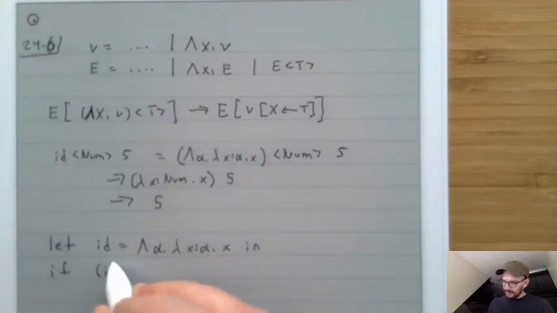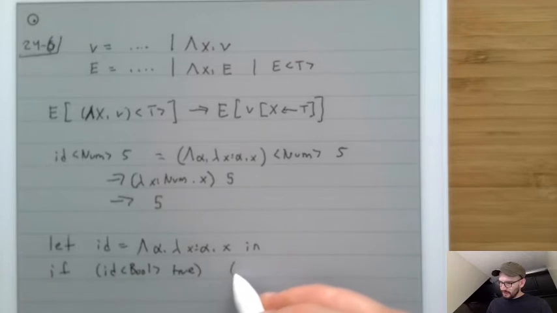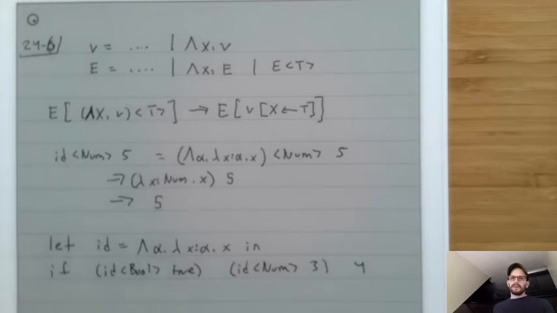So it's going to be applied to ID bool true, and it's also going to be applied to ID number 3, and let's just leave this 4. So if we go through and erase these, so we erase that big lambda and we erase these type applications, well, what happens is that now we have a function whose argument is alpha.